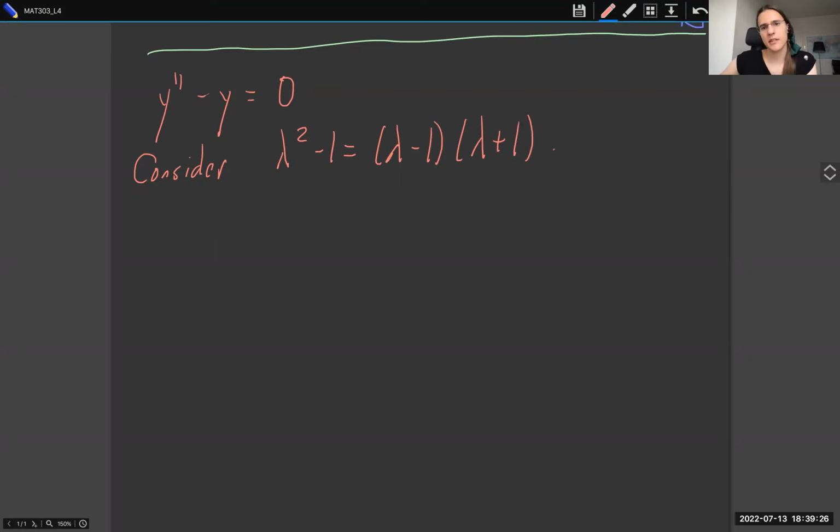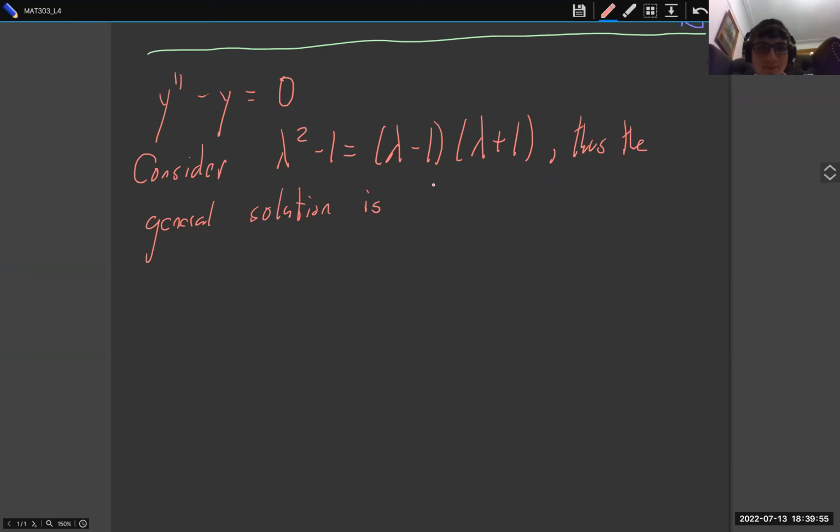So thus, the general solution is what? It's e to the, it's equal to 1 or minus 1.